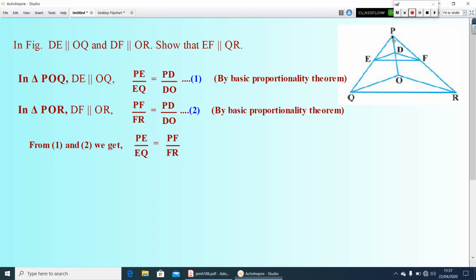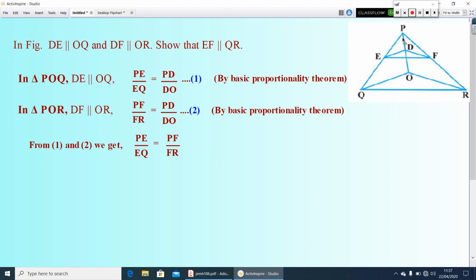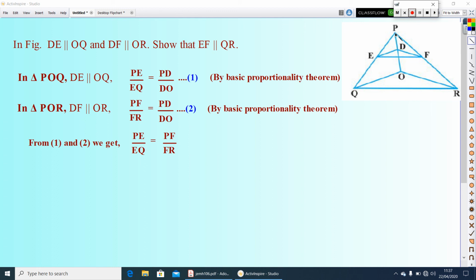Now look at triangle PQR. We got PE by EQ is equal to PF by FR. That means the sides are divided in the same ratio.